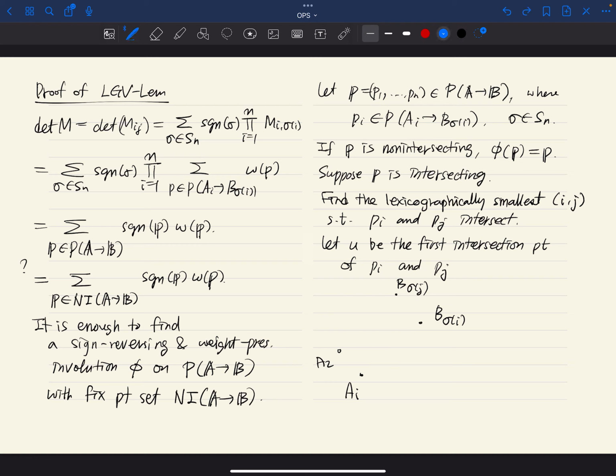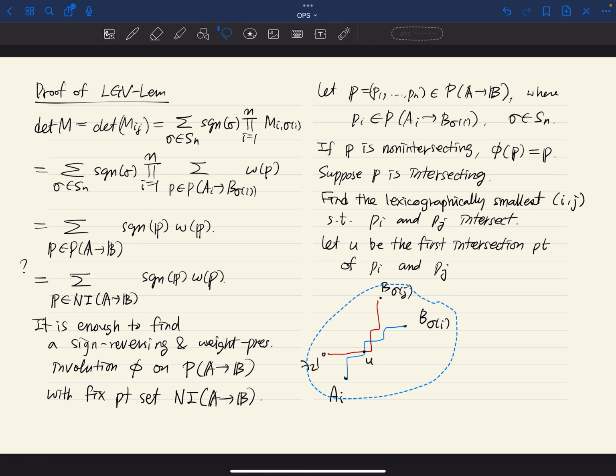Something like that. Okay, can you see this? Yeah. In this case, we have a one-two intersection. So just this is the first one, so this is going to be U. And the idea is the same: do the tail exchange algorithm, the chain exchange thing.